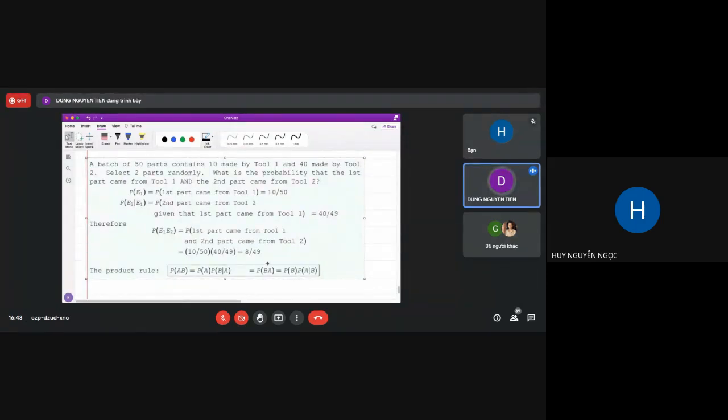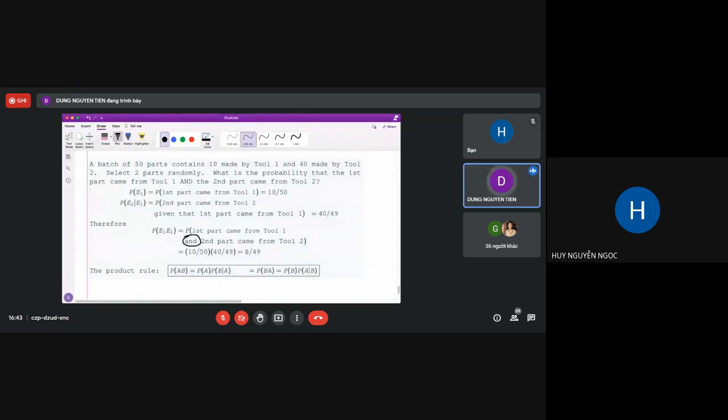You come up with the two fractions, 10 over 50 and 40 over 49. If you want to find the probability that the first part came from tool 1 and the second part came from tool 2, then you get 10 over 50 times 40 over 49, and this is the value you get.